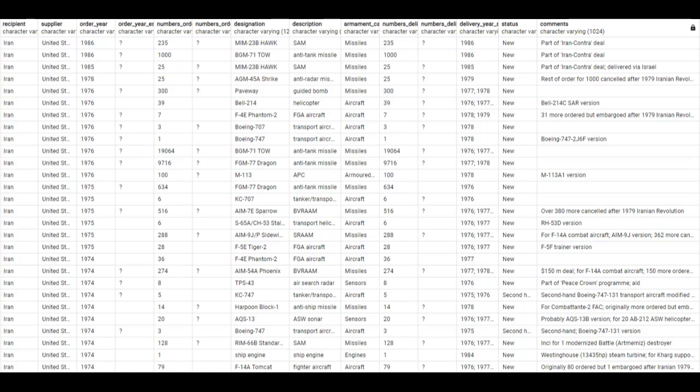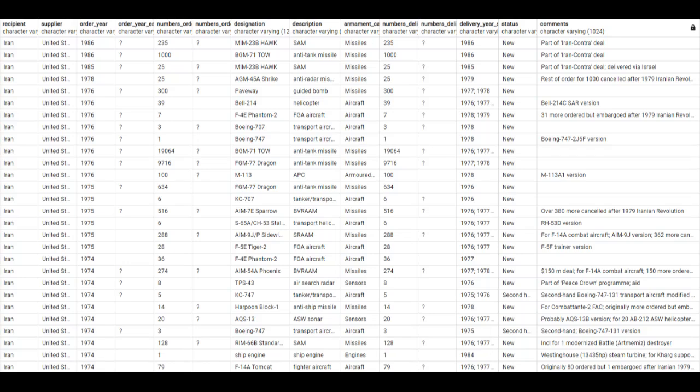Yeah, so you can say that, for example, SIPRI says that the order for the AGM-45A Shrike anti-radar missiles that they were going to get from the US, this was short-term. They ordered 25 and they got 25, but they were going to get even more than that.